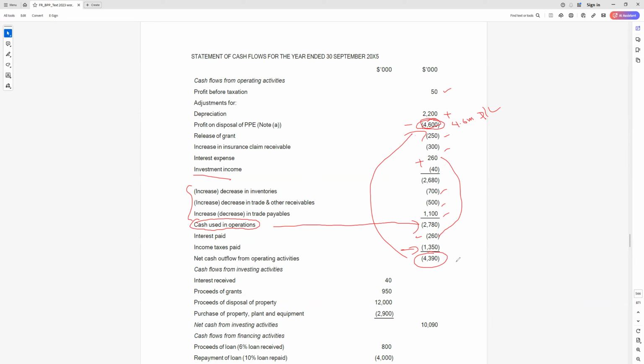Then we have the investing activities. So this 40 that we received comes here again, the received interest, and of course it is very important to understand or remember the format. Then we have here the proceeds of grant.